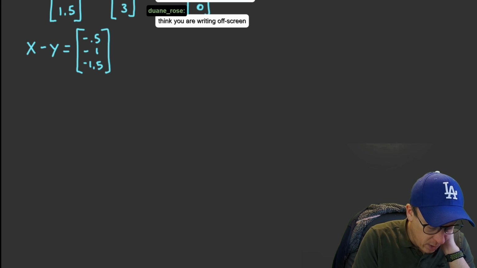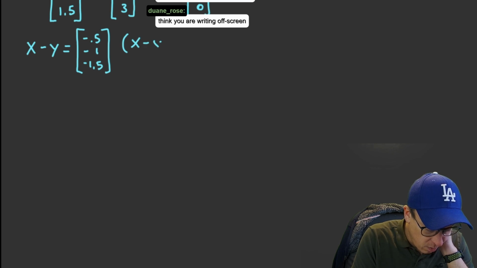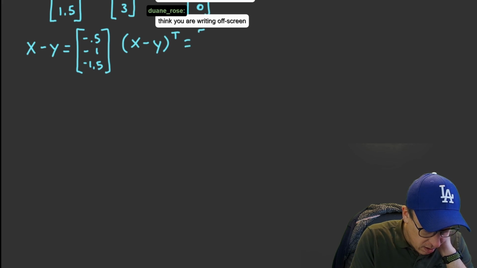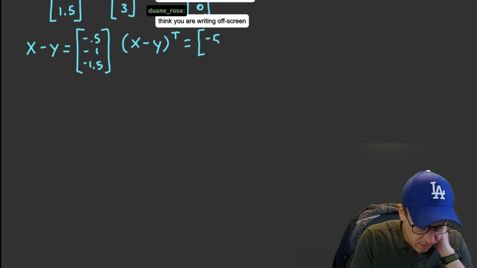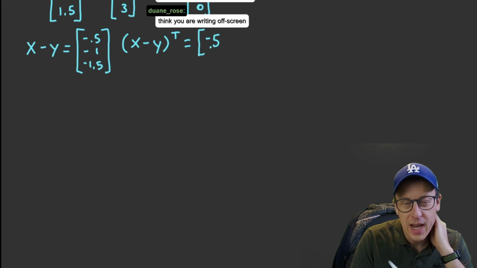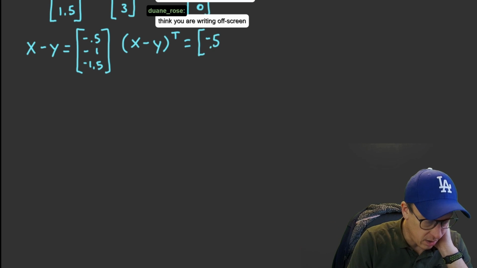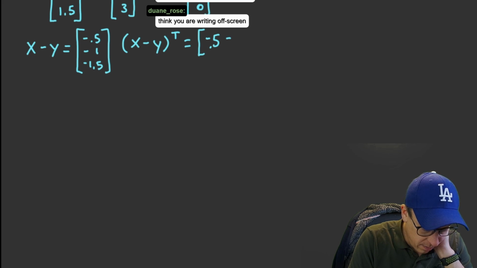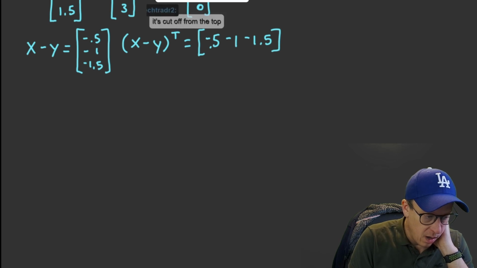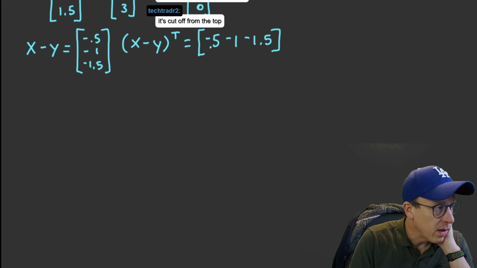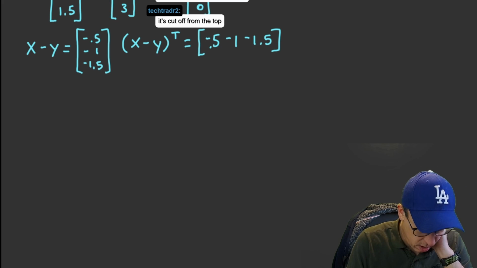And then what we're supposed to do is take x minus y transpose, and all we're doing is changing from a column vector into a row vector. So this is going to be negative 0.5, negative 1, and negative 1.5, exactly like that. Well, what we have to do at this point, oh, I'm not showing you. Oh, sorry about that.